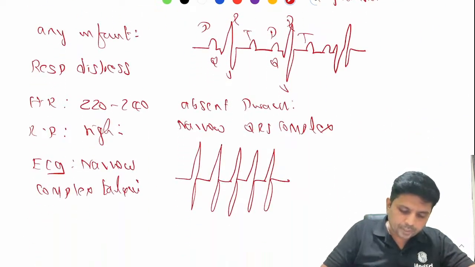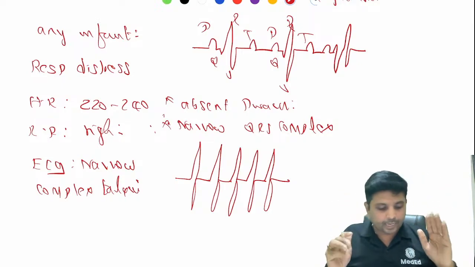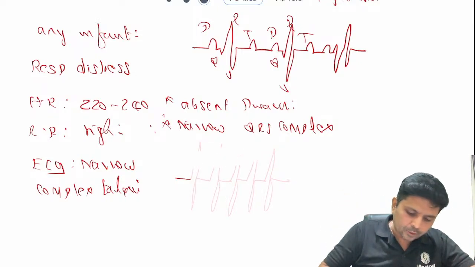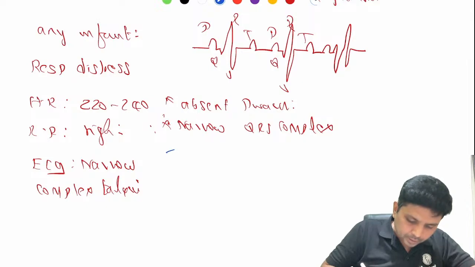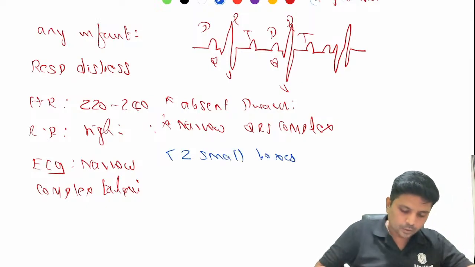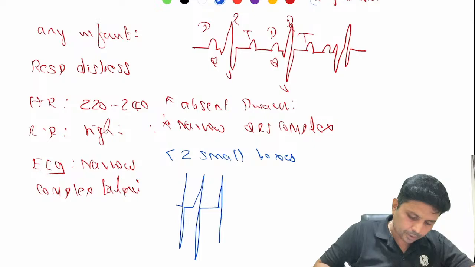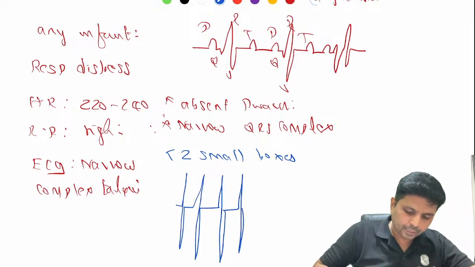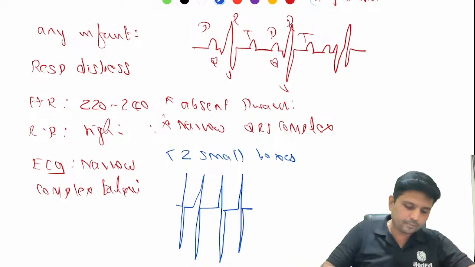Absent P waves and narrow QRS complex means it is supraventricular tachycardia, unless otherwise proved. A narrow QRS complex means less than 2 small squares. So this is typical supraventricular tachycardia: narrow QRS complex and increased heart rate.